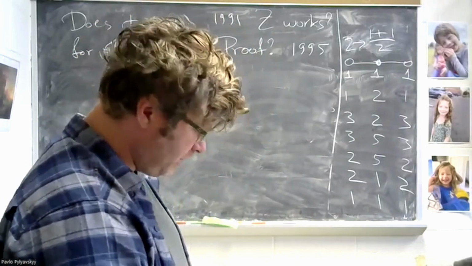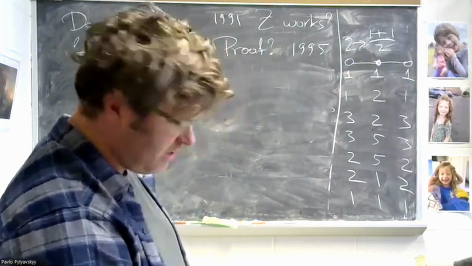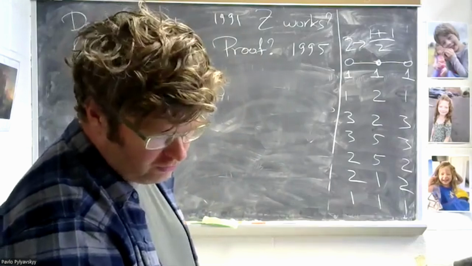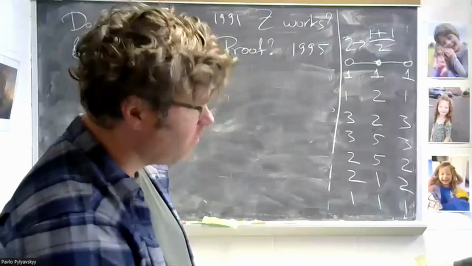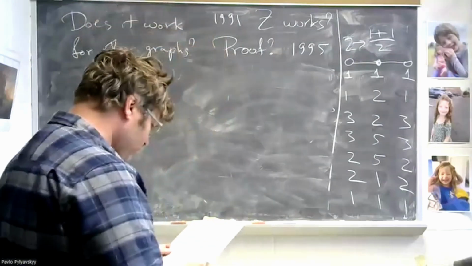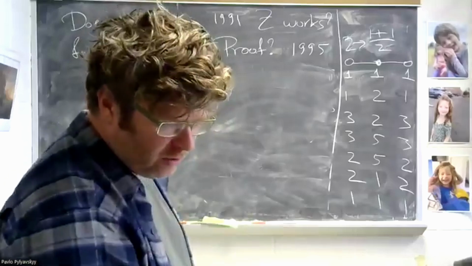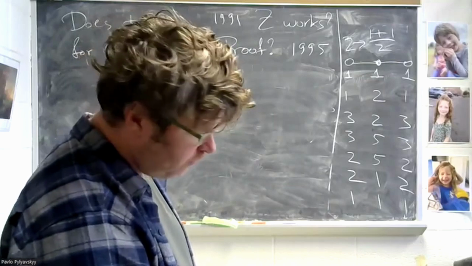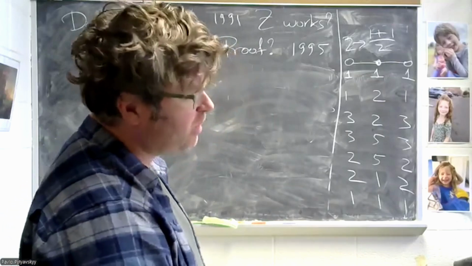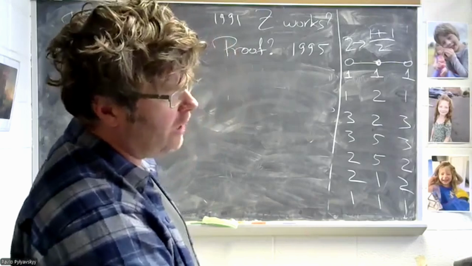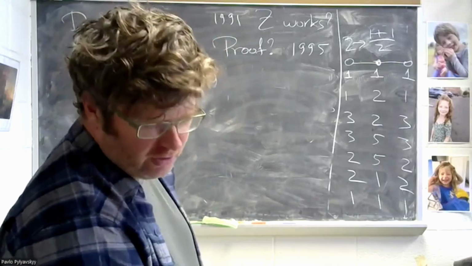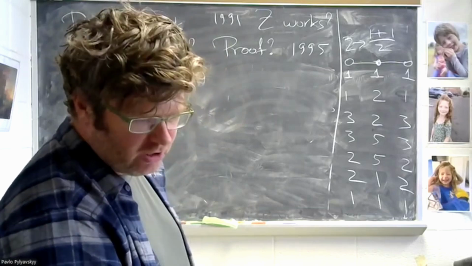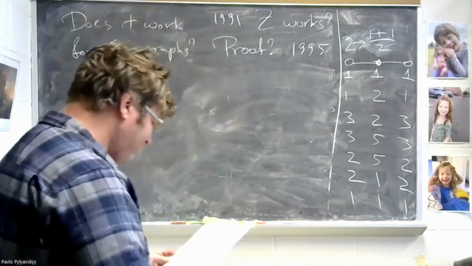So far, there is no orientation. It's just a bipartite graph, not an oriented graph. Bipartite just means can be colored with 2 colors so that all edges connect black to white. That's bipartite.